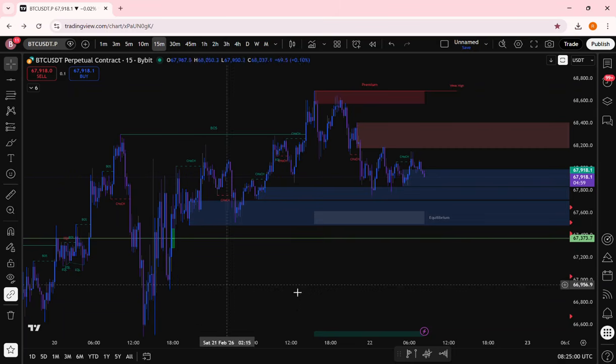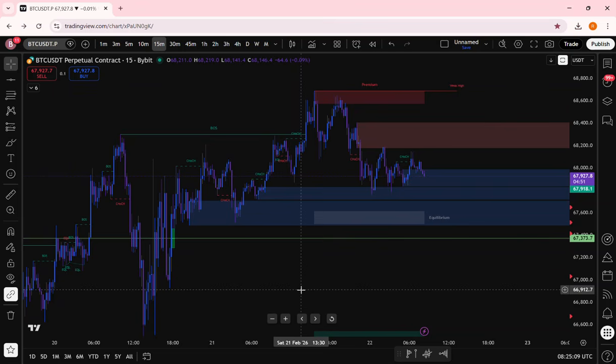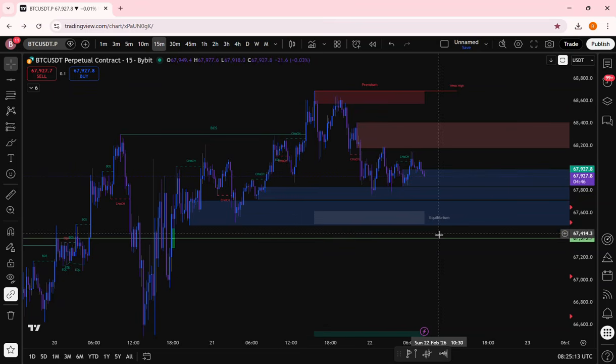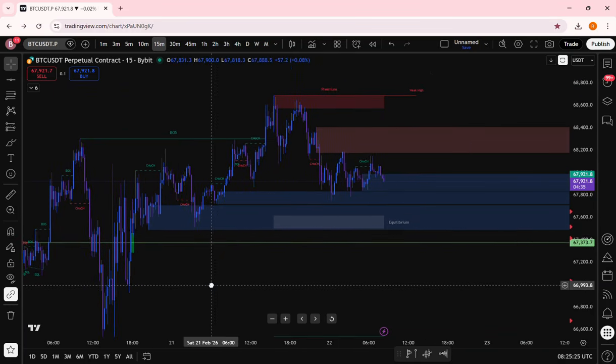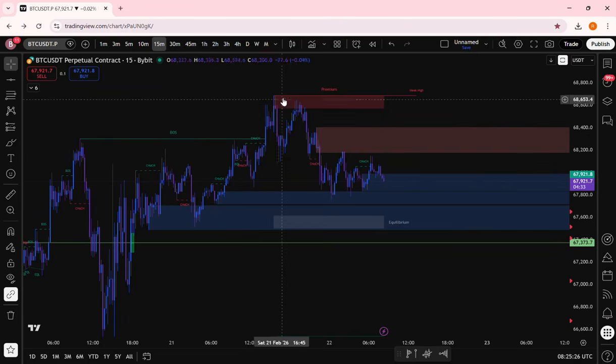Price shot up and there wasn't enough time for algos, traders, institutions, whatever, to fill in orders, whether buys or sells. So price usually likes to come back and test that fair value gap, and also these order blocks as well. Using this on a 50-minute time frame can be very useful, especially when price goes up and you see that premium.